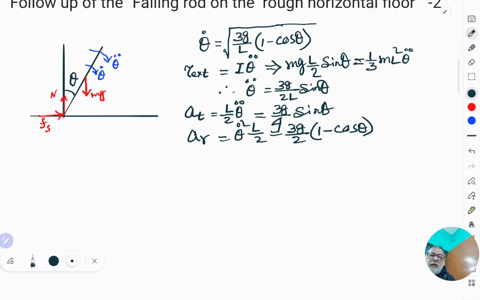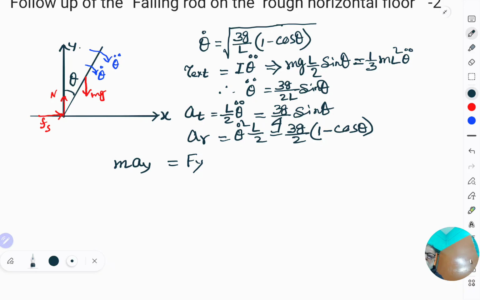And how do we get the normal reaction? Well, for normal reaction, we analyze the motion in the vertical direction. If I call the horizontal direction as x and vertical direction as y, then the equation of motion in the vertical direction is mass into acceleration in y direction is equal to net force in the y direction. That is the basis.